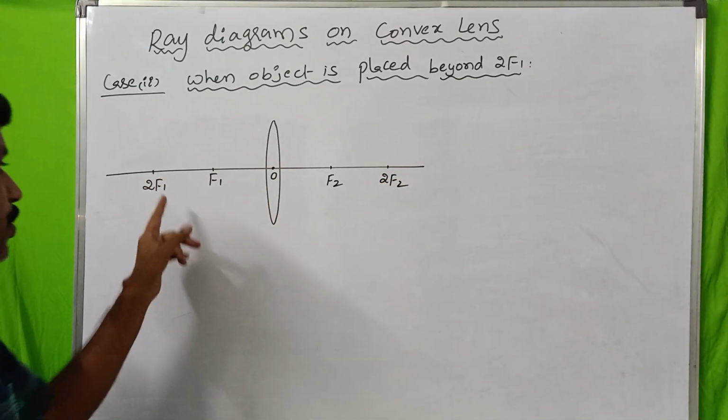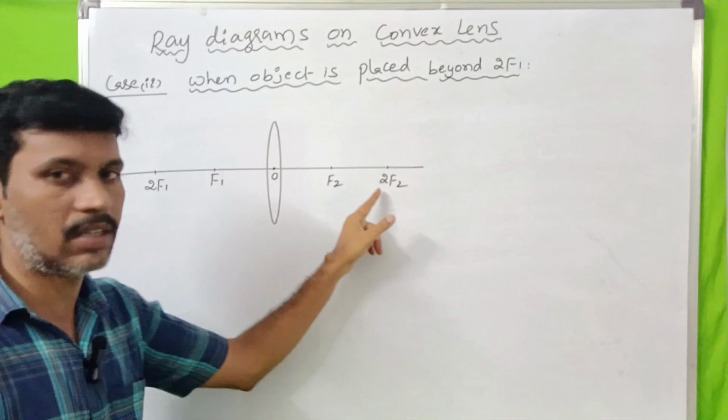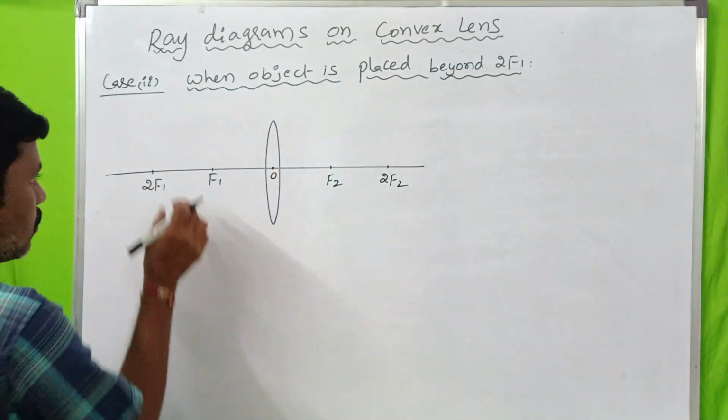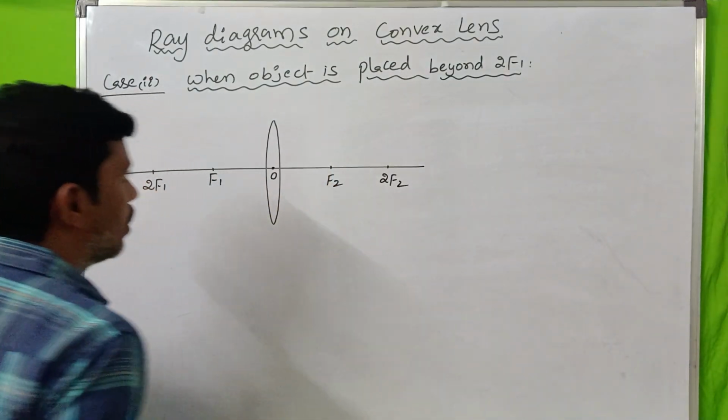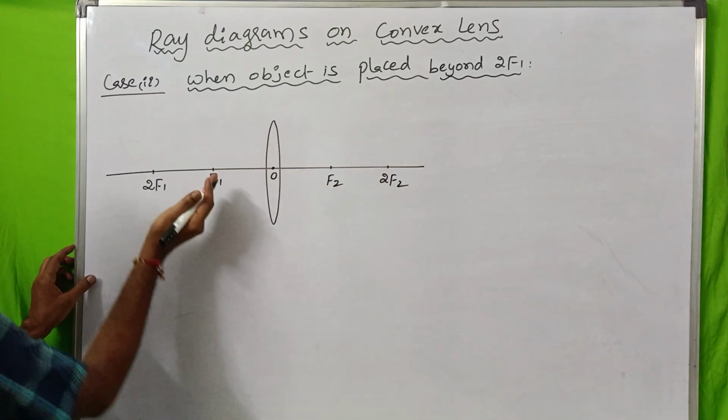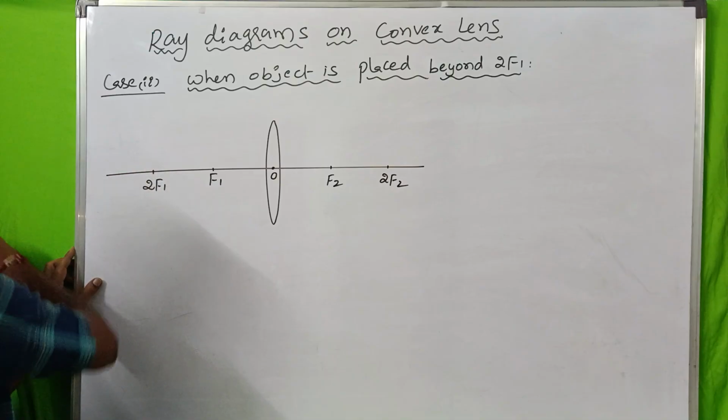You have to take these distances equal, then you can get the correct image positions. The object is placed beyond 2f1.